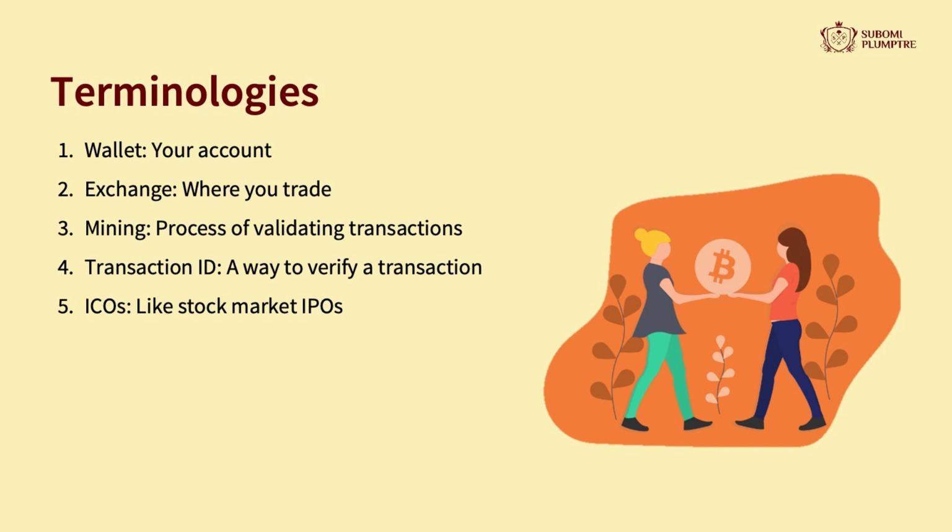ICOs, initial coin offerings, are like a stock market IPO. So again, like I said, a technology is created to facilitate specific types of transactions, and the individuals behind that technology issue tokens to finance the development of that product, and it's called an initial coin offering. And what they give during that process is a token.